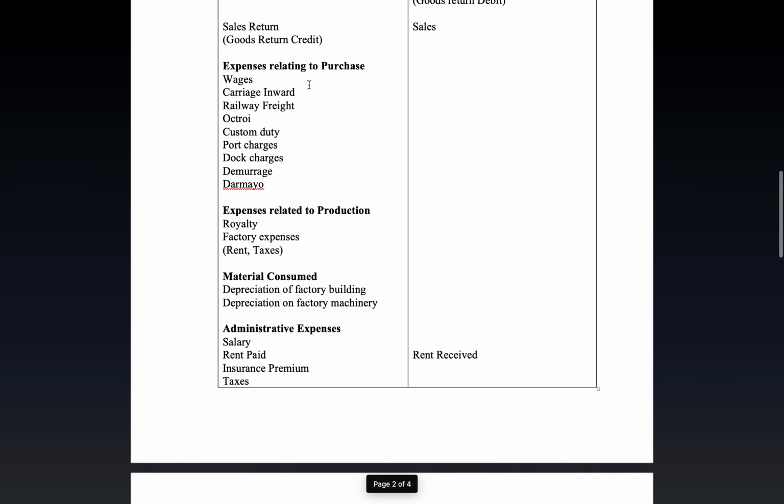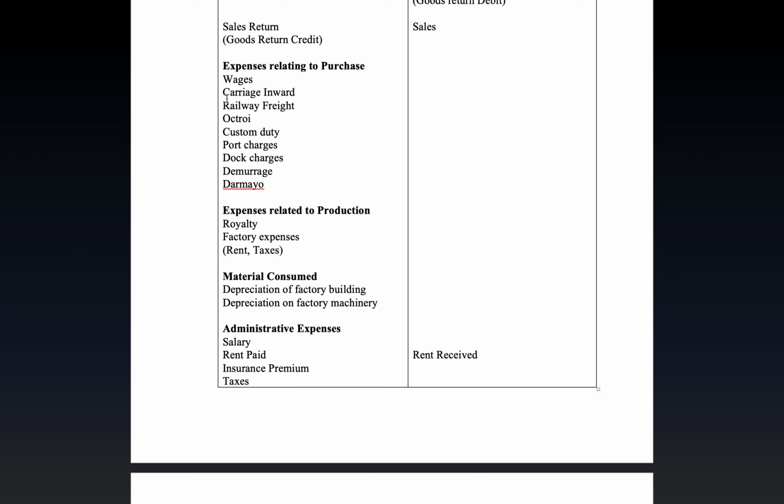Moving to the next, before I go further in the explanation, I will just show you the headings: expense relating to purchase, expense related to production, and material consumed. These are the three headings that come in the trading account of the final account. So here we have wages, and in the trial balance they compulsorily come on the debit side only.